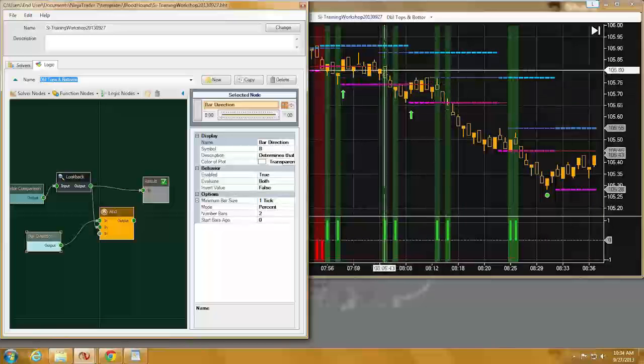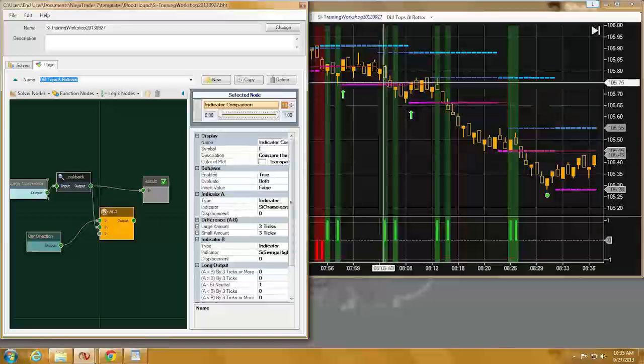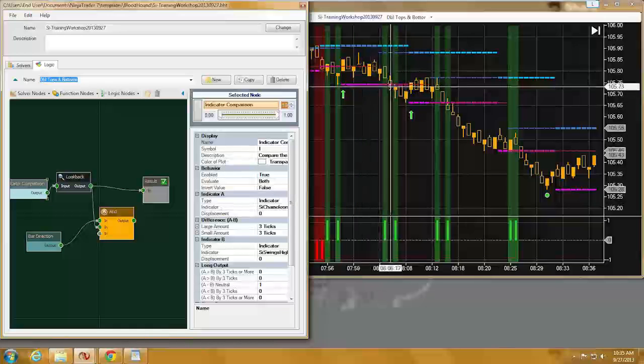You can see the bar is moving in the wrong direction. But these signals are correct, because remember, all that we're looking at is this comparison solver here. And this comparison solver is just looking for when the low price is within 3 ticks above or below the thicker magenta line.